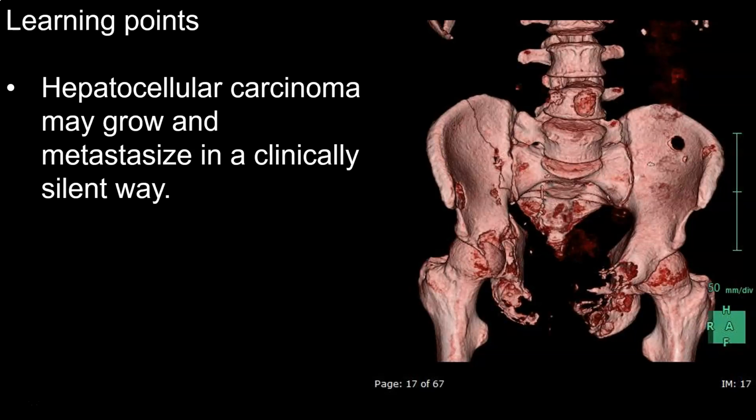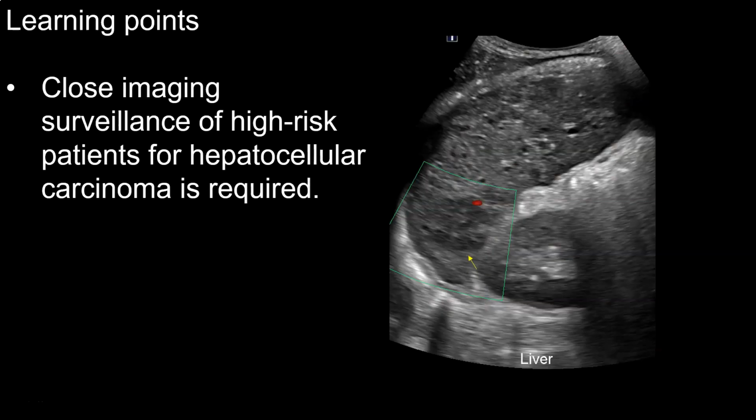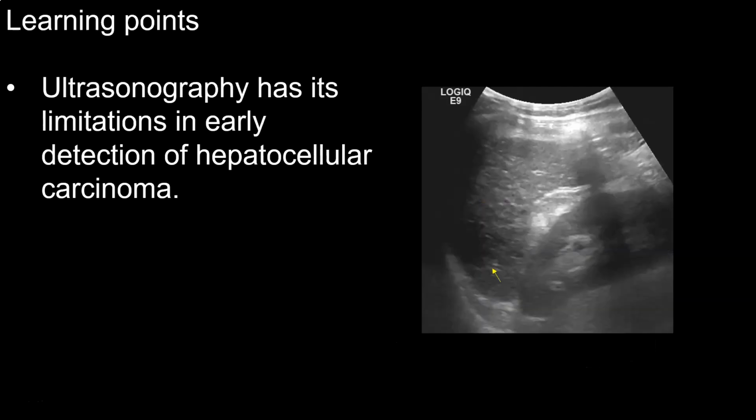In fact, what caused the pain here was the pathological fracture and not the heavy metastasis of the skeleton, because metastases are everywhere, but pain happened only in the right gluteal region. Close imaging surveillance of high-risk patients for hepatocellular carcinoma is required.